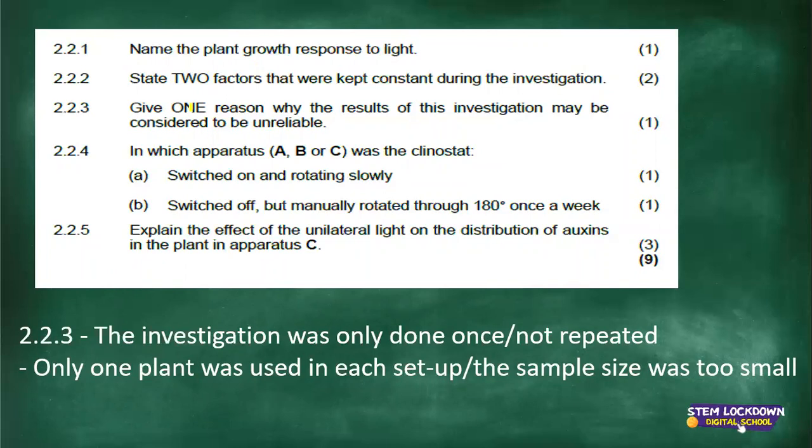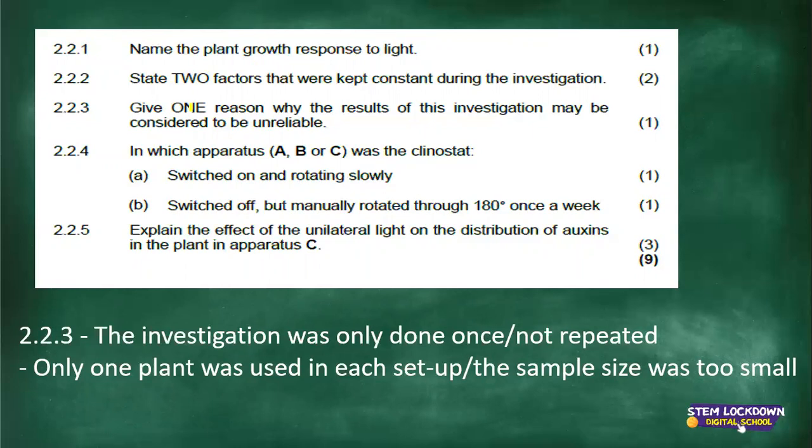What needs to be done? Even when you are done doing your experiment, you need to repeat it to test the reliability of your results. You need to repeat it, maybe 3 times, to be sure that you will get the same results.